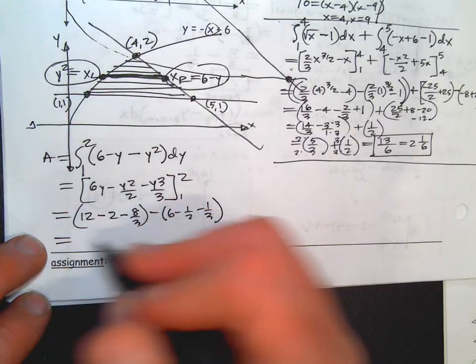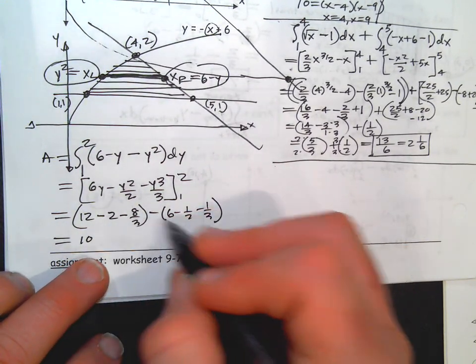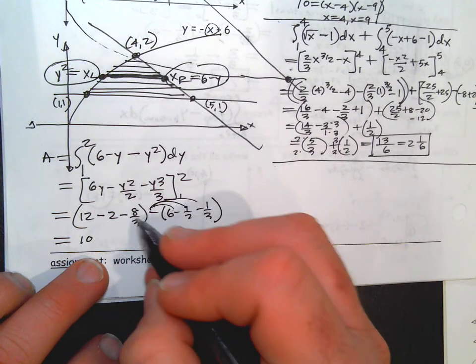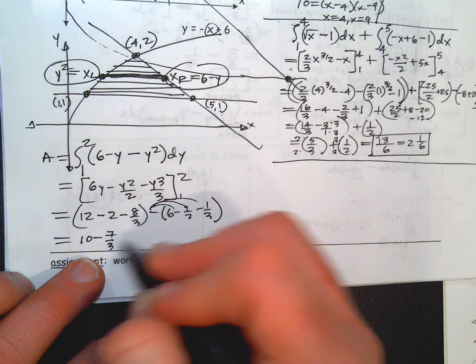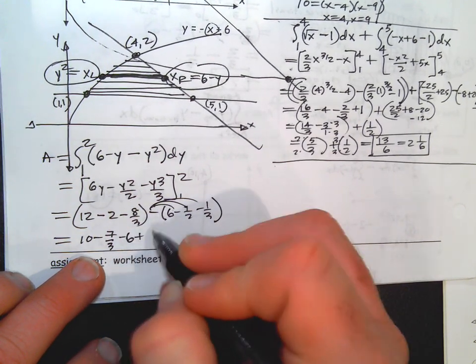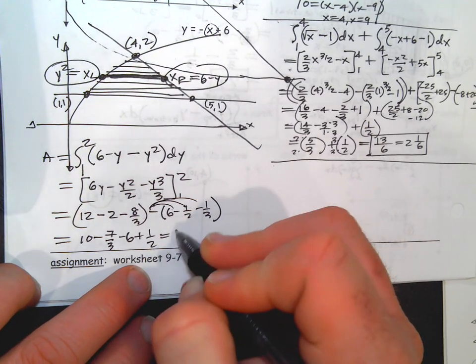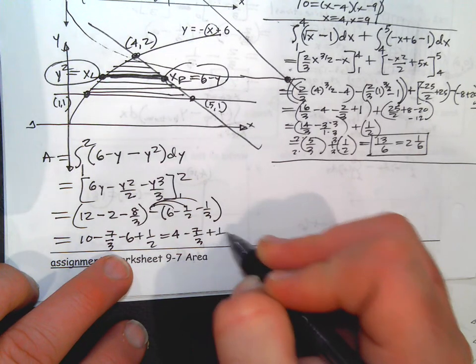And so we're going to get 10 minus 8 thirds, that's going to be 7 thirds, minus 6 plus 1 half. So it's going to be 4 minus 7 thirds. Now I'm just trying to get through these numbers here.